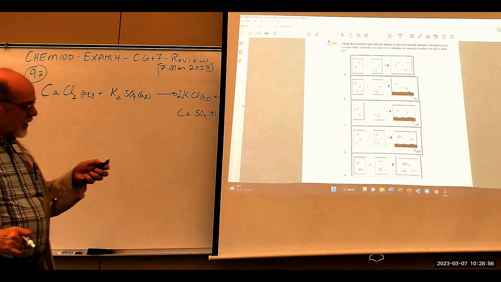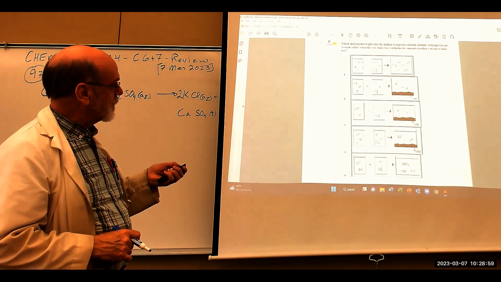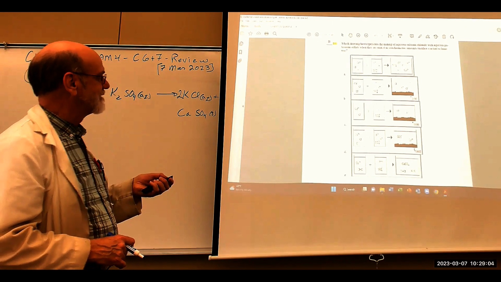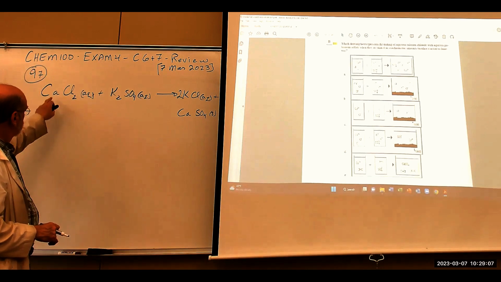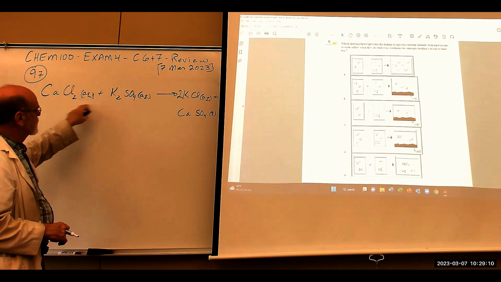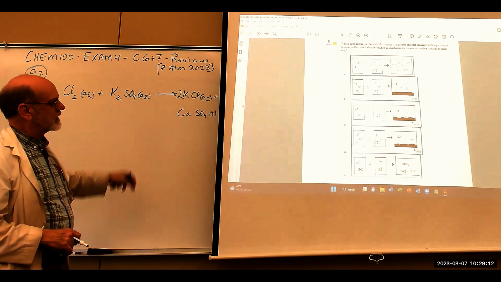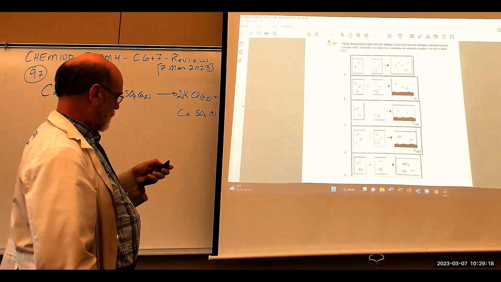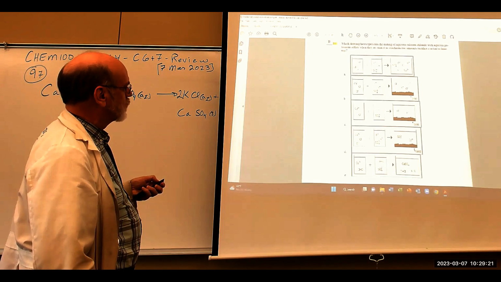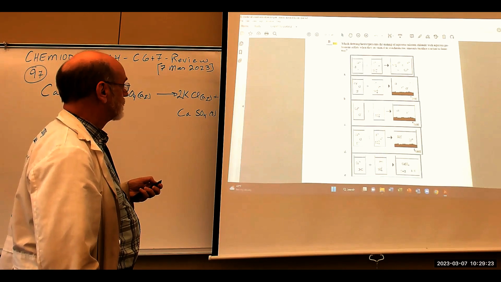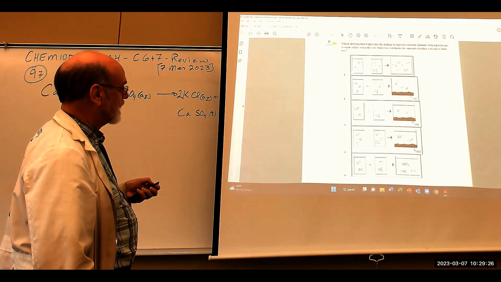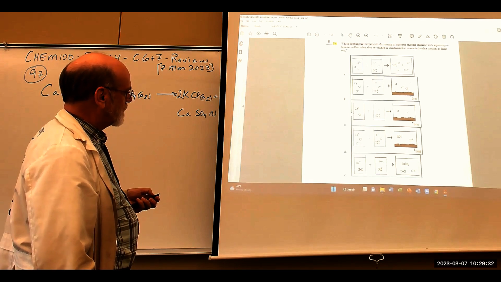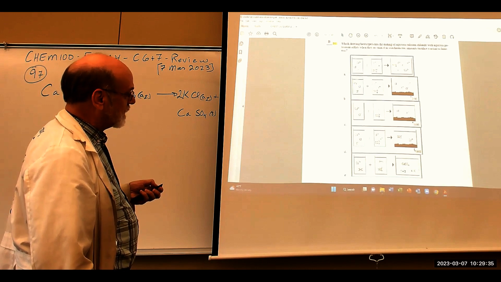Well, notice that on the left-hand side of the arrow, these are the reactants. So these are the separate reactants before we put them together. And what we're looking for is one calcium, two chlorines, two potassiums, and one sulfate. So let's see, which one has one calcium? There's one calcium chloride. That's correct right there. That's A. B is correct at this level.